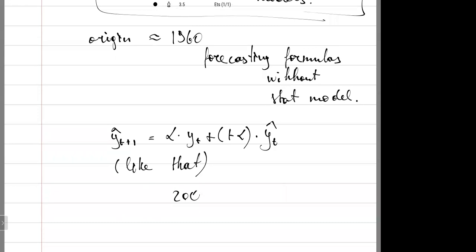Okay, but I think something like 15 years ago, so in the 21st century, there was a change. A statistical model behind these forecasting formulas was discovered.